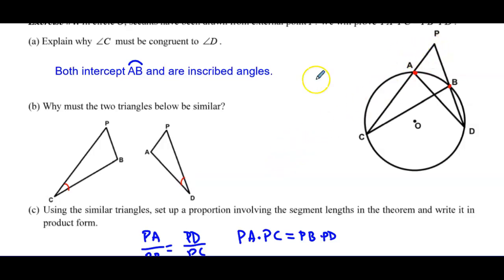Well, they both share angle P, right? And so I have angle P congruent to angle P by the reflexive property. I have angle C congruent to angle D because they are both inscribed on the same arc.